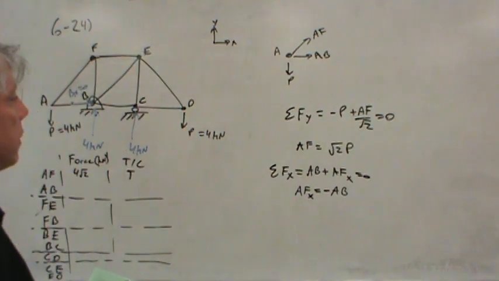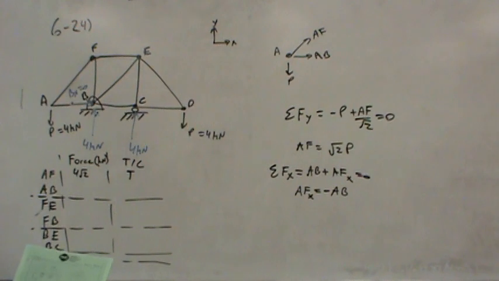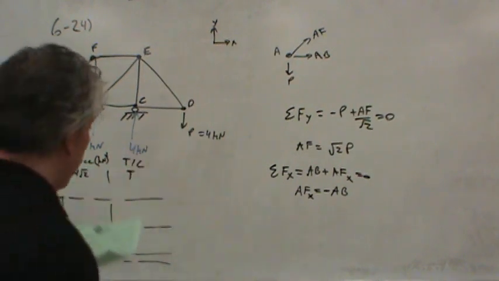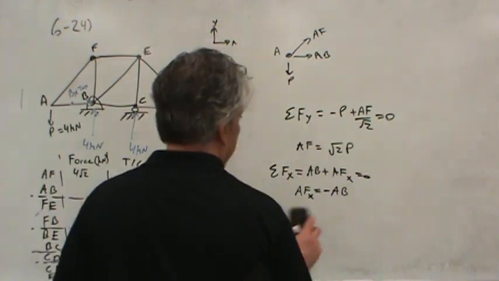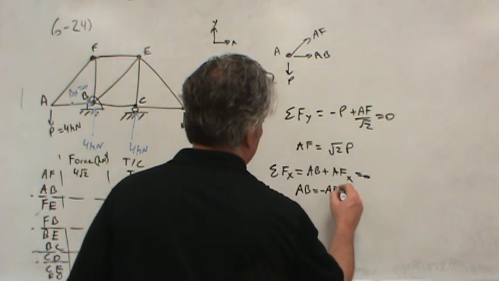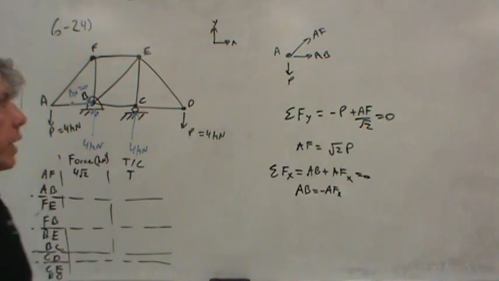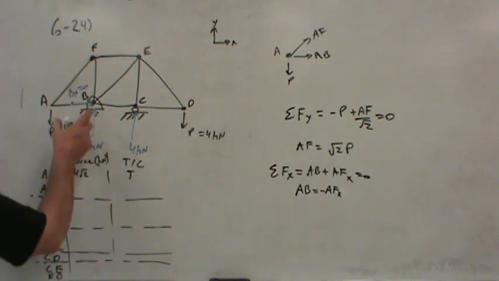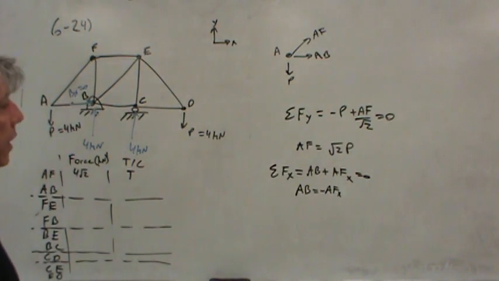Oh no, wait a second, I've got it backwards, I'm sorry. We're solving for AB. AB equals negative AFX. I've assumed the wrong direction for AB.